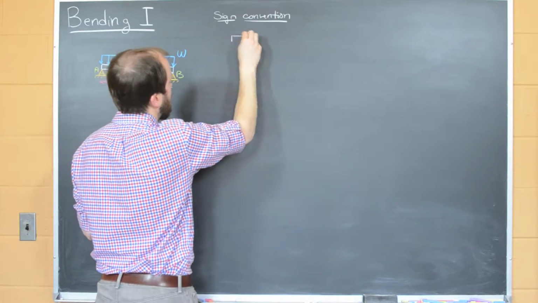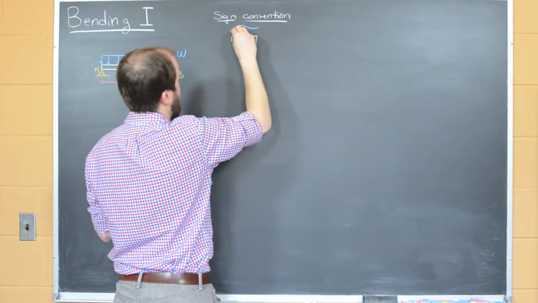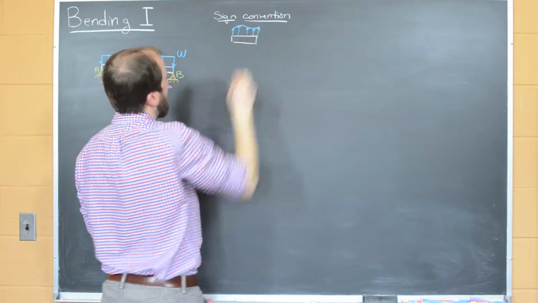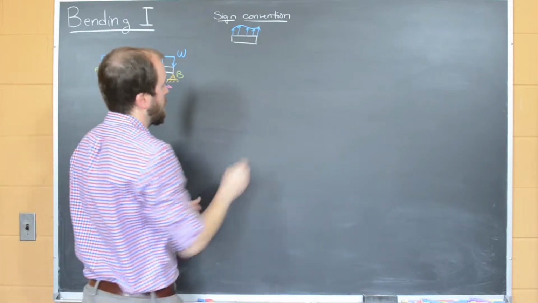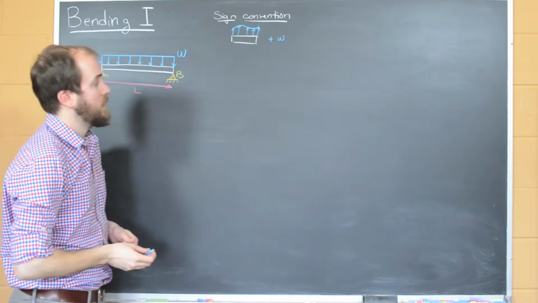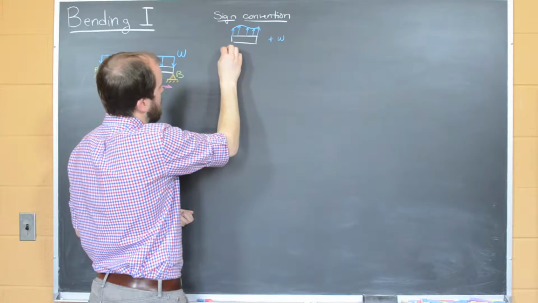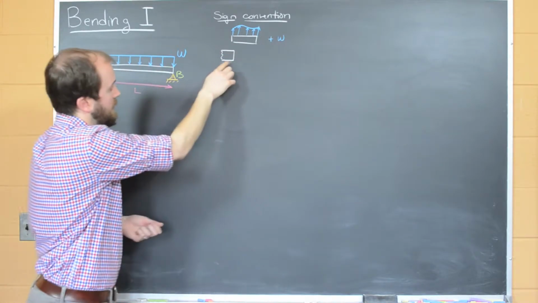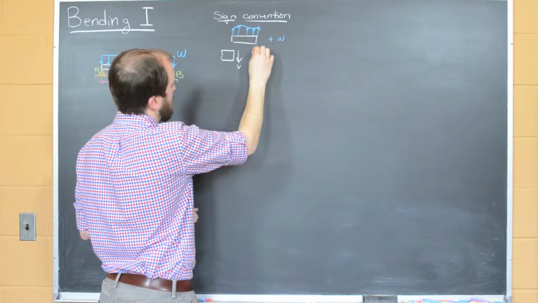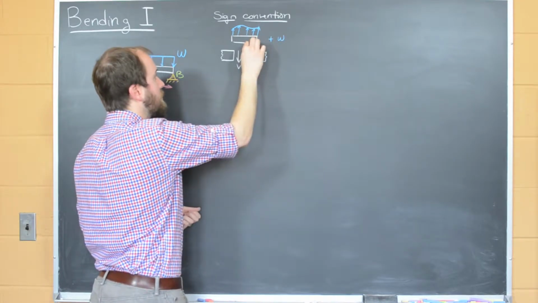If you have a given element of beam with some arbitrary load, maybe one that varies along the x-axis, as you would expect, if that load is pointing in the vertical direction, this would be considered a positive load, and we're going to denote the distributed load with a W. If we arbitrarily cut this beam, here's the cut, and here's the clean side, and our shear force looks like this.